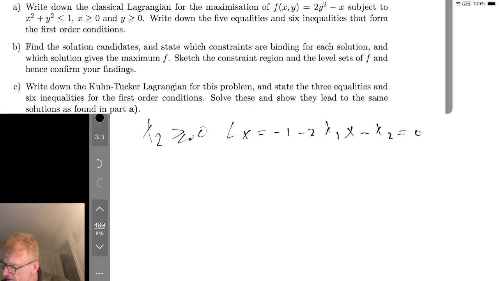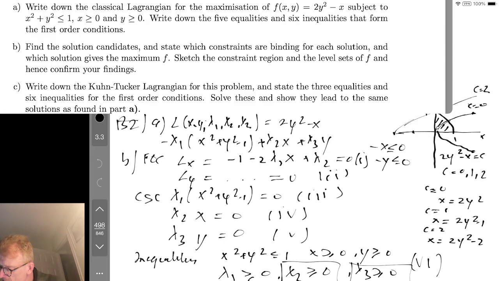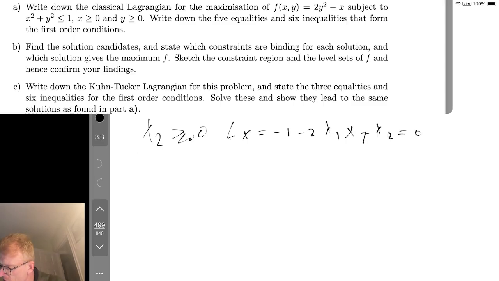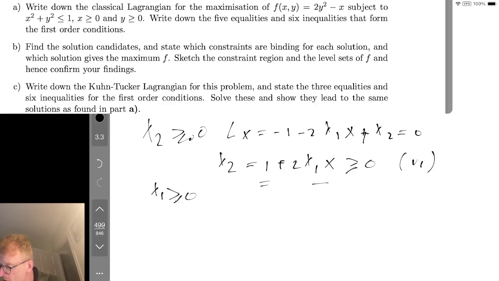So that means lambda 2 is 1 plus 2 lambda 1 x, and lambda 2 needed to be bigger than or equal to 0 because of condition 6. But 1 is bigger than 0, and lambda 1 times x is also bigger than or equal to 0.